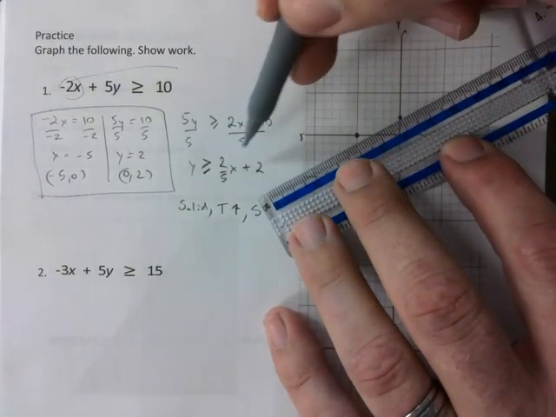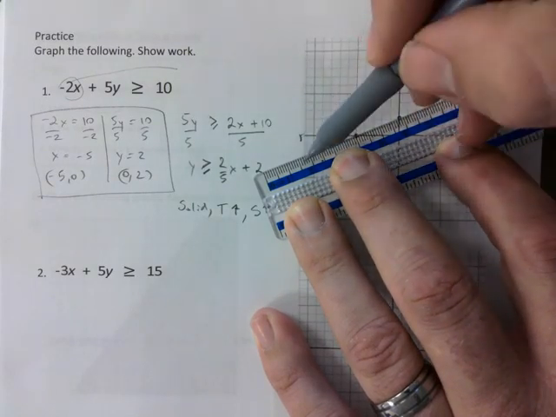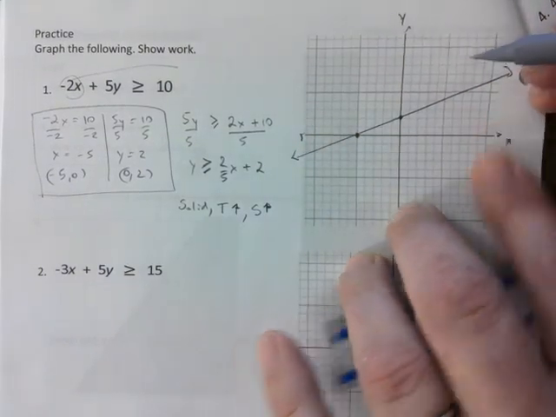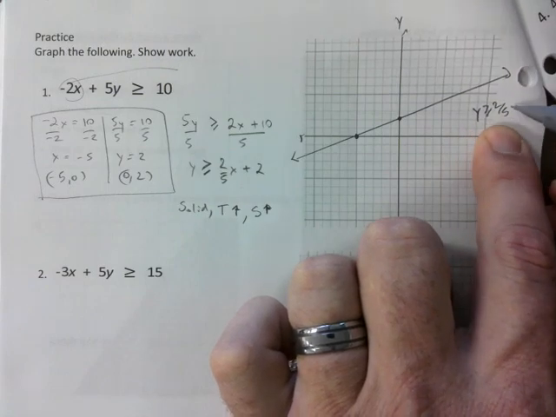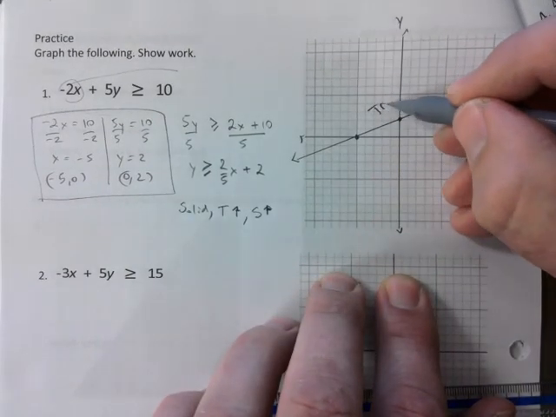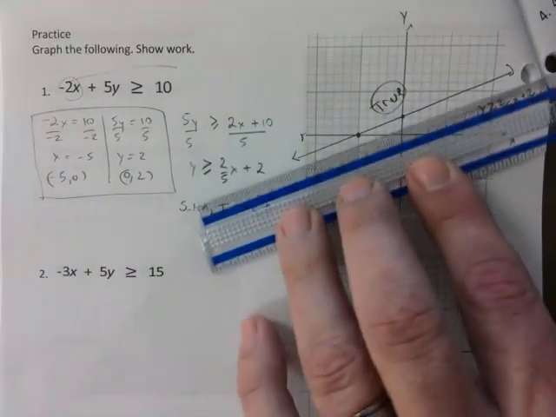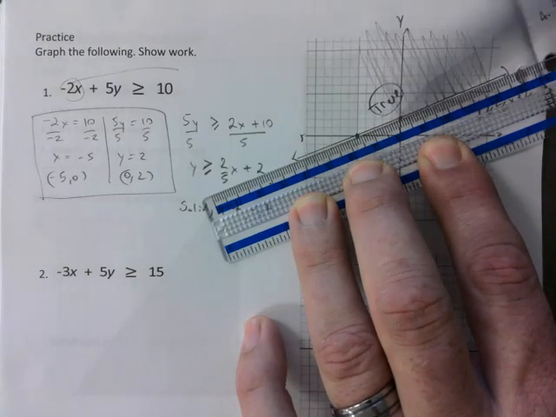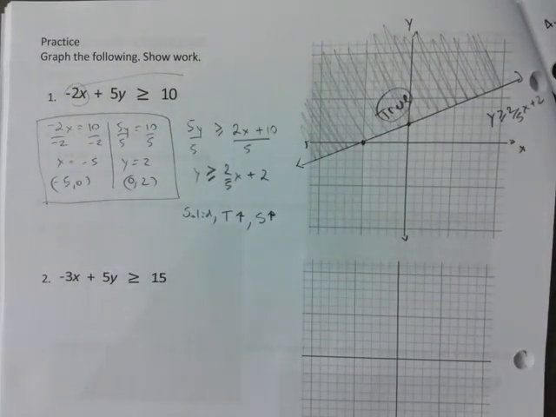My slope is positive, so it verifies that what I'm doing is correct. And just make sure it's a solid line. There you go. Label it: y is greater than or equal to 2/5 x plus 2. And true region is over here. That's the best way to make sure you get this right, if you tell me where the true region is. In this case we're using regular shading, so that's it. That'd be a good graph there.